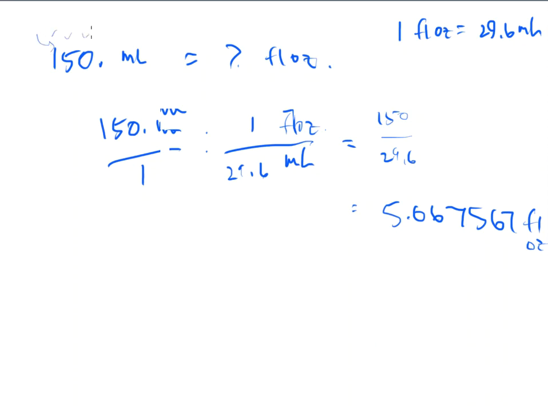So 1, 2, 3, all 3 of those count, 3 significant figures. So the 5, the 0, the 6, there's my 3rd sig fig. It rounds up, and it rounds up to 5.07 fluid ounces. All right, so there is another conversion factor done and taken care of.